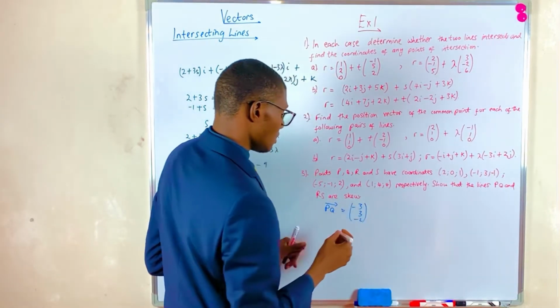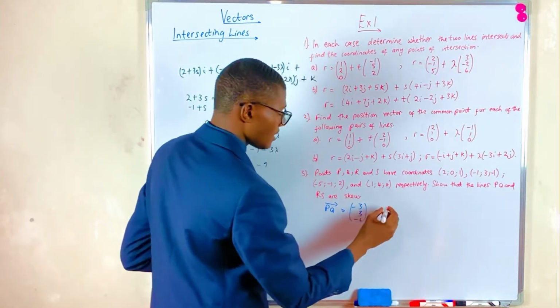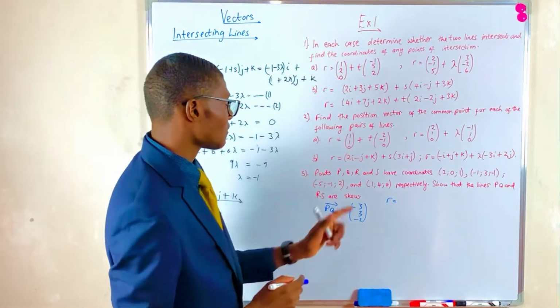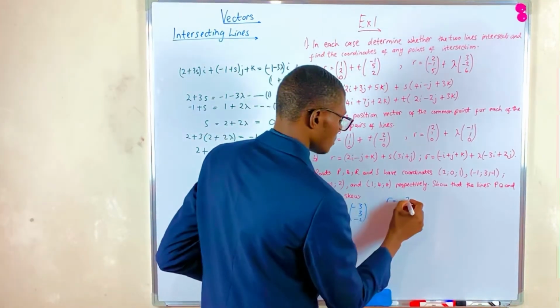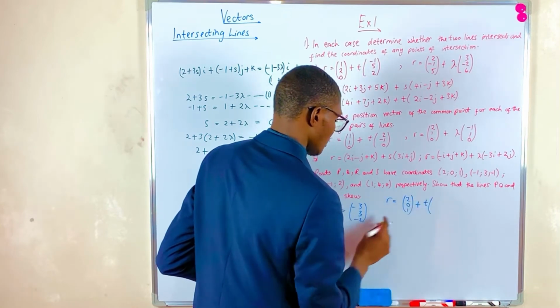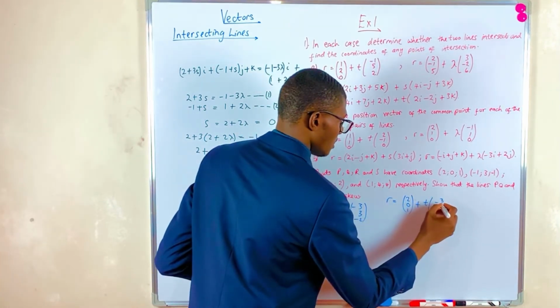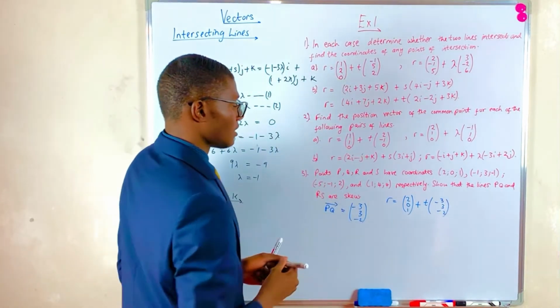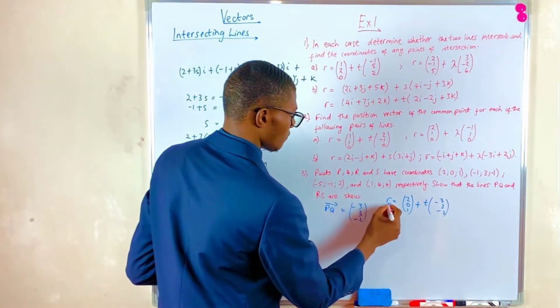So this is PQ, such that the equation r will be equal to position vector, we can take OP, which is (2, 0, 1), plus t times direction vector (-3, 3, -2). Right, this is the line PQ.